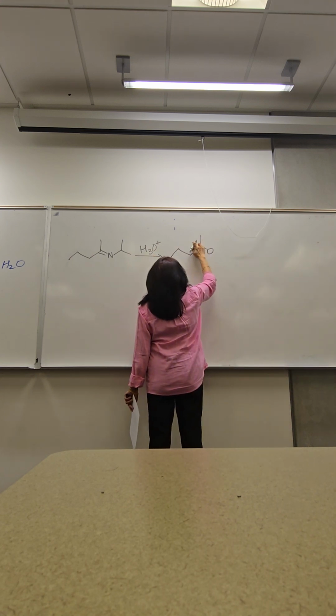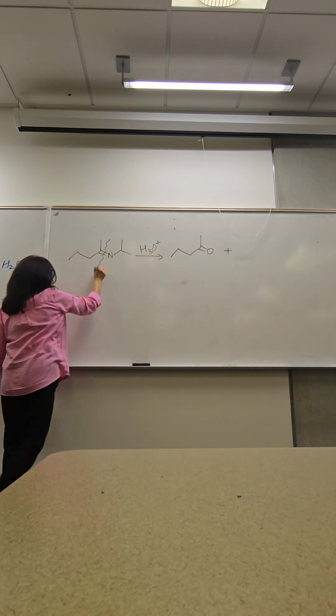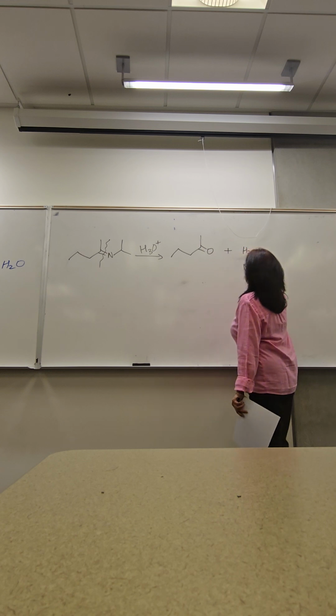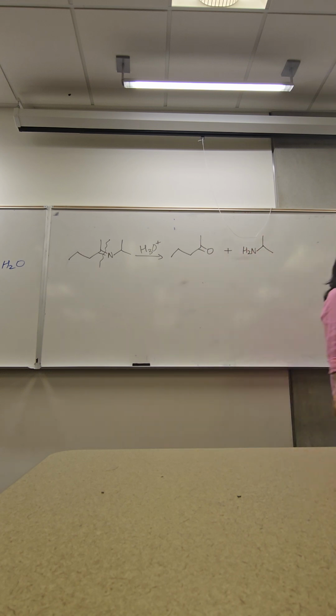And it breaks right here. And the primary amine. You don't need to be able to name that yet because we haven't done it. But do you guys agree? Please go ahead, take a stab at the mechanism. Think about what should be the first step, last step.